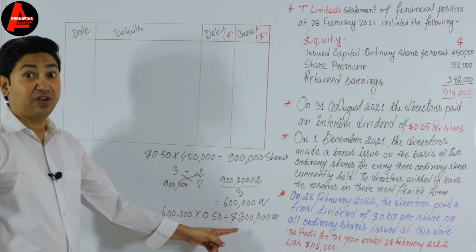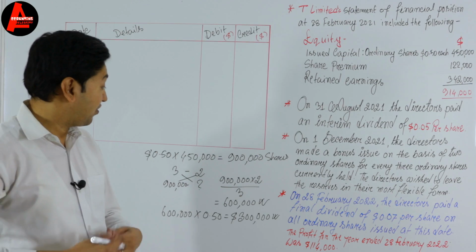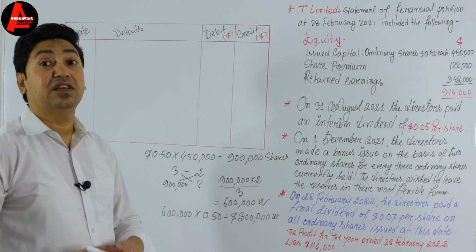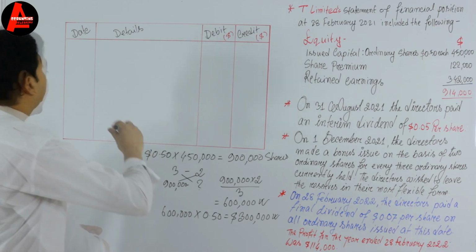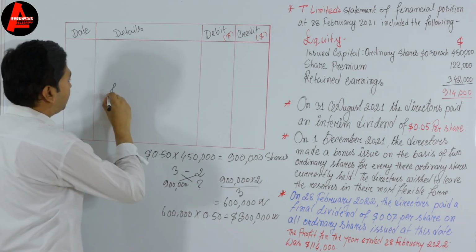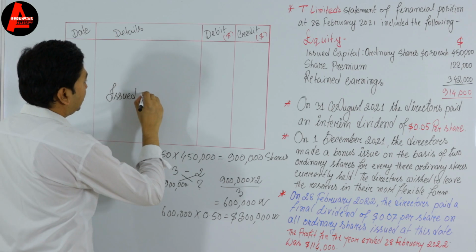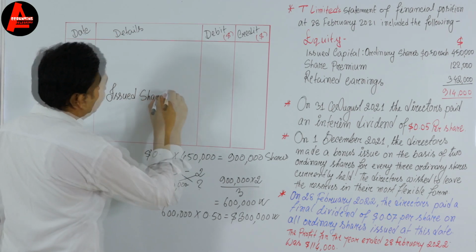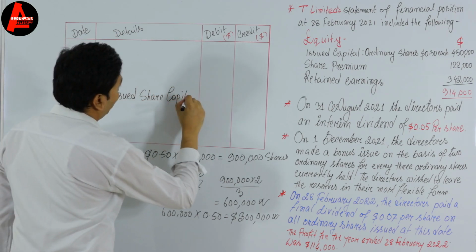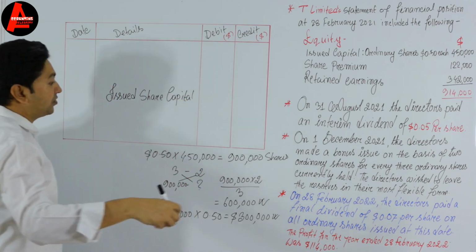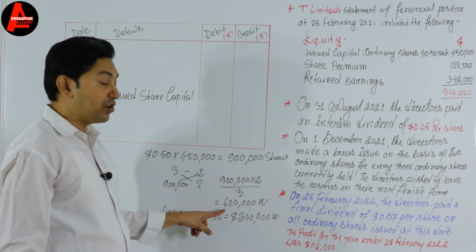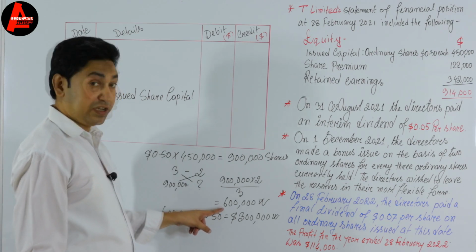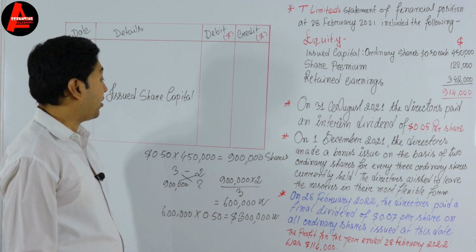This is the price for all 600,000 bonus shares. So we will write issued share capital. Why issued share capital? Because for the bonus shares, the business will issue 600,000 more shares.